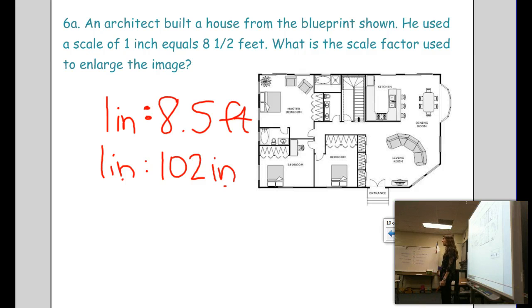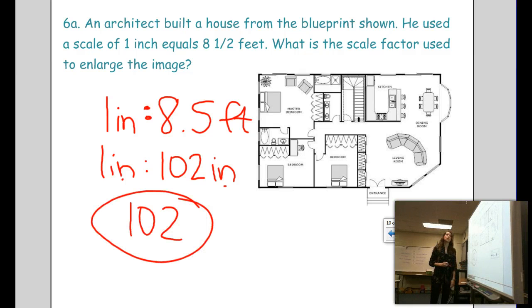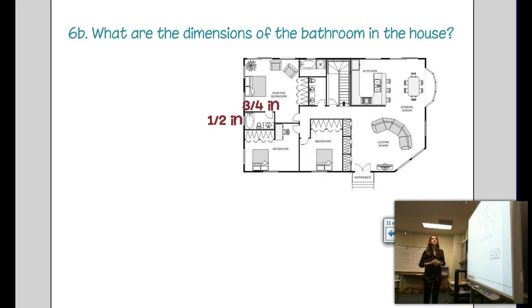A lot bigger. How much? 102 times bigger. Because it's 102 to 1. 102 divided by 1. Second over first. Anytime you divide by 1, it's that same number. So it's 102 is our answer. It's our scale factor. It's 102 times bigger. Okay? That's the scale factor. You cannot find scale factor unless you're in the same units.